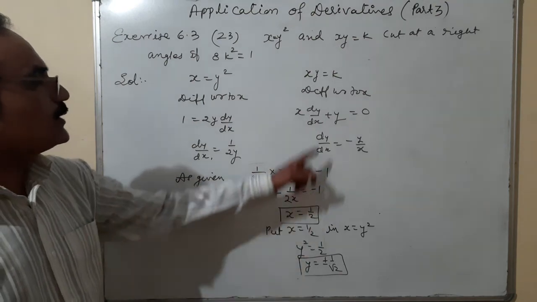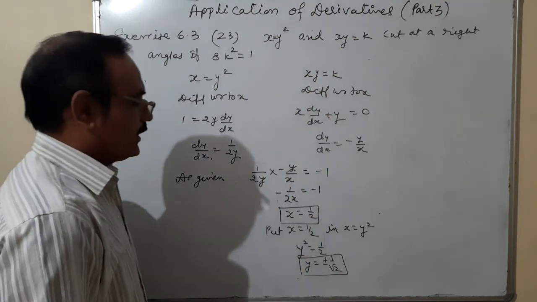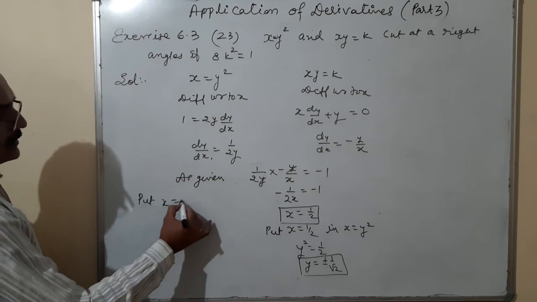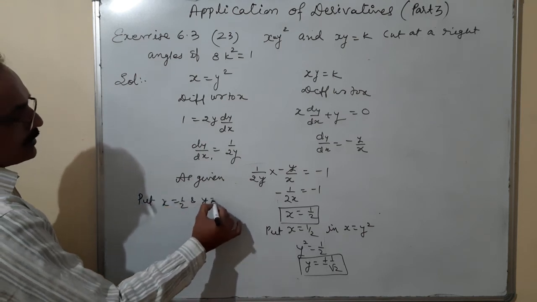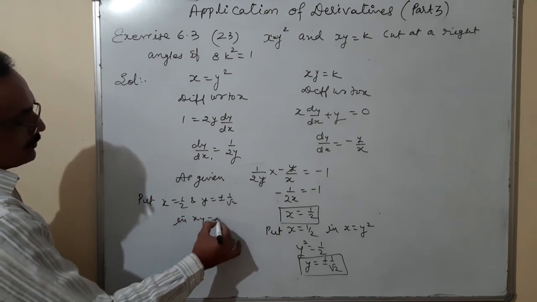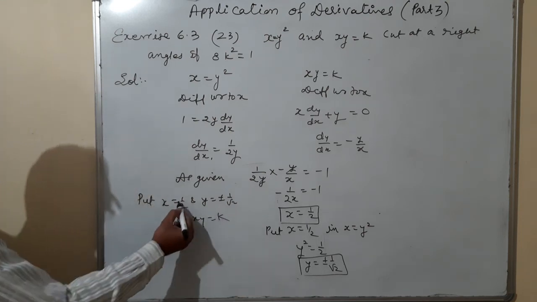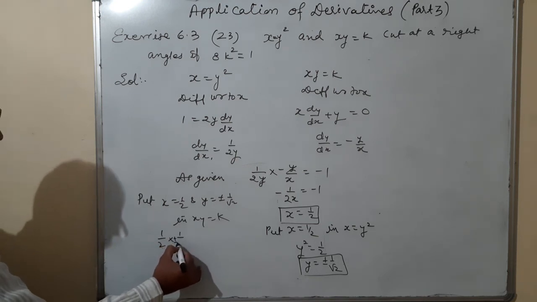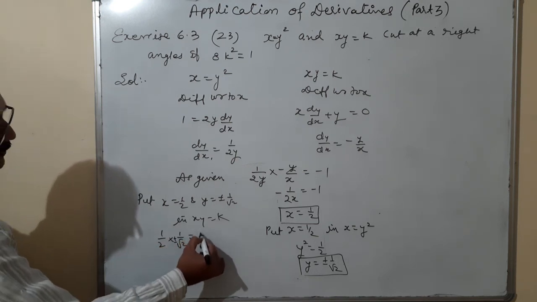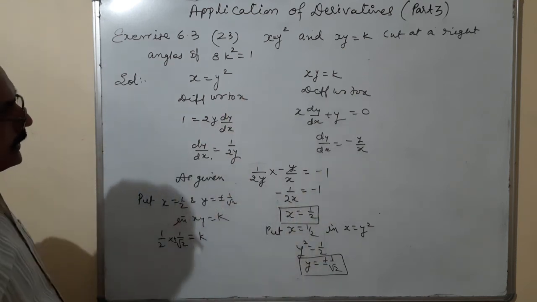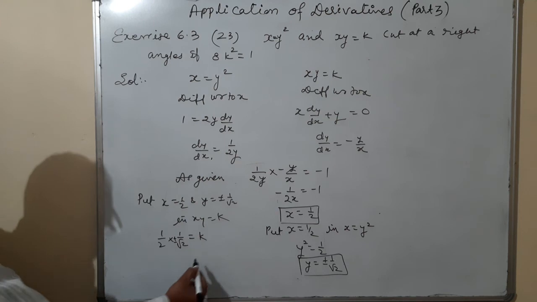If these two values will be substituted in xy is equal to k, then what is the result we are getting? 1 upon 2 multiplied by plus minus 1 upon root 2 is equal to k. Okay. And because we are getting the value 8k square is equal to 1, squaring on both sides.